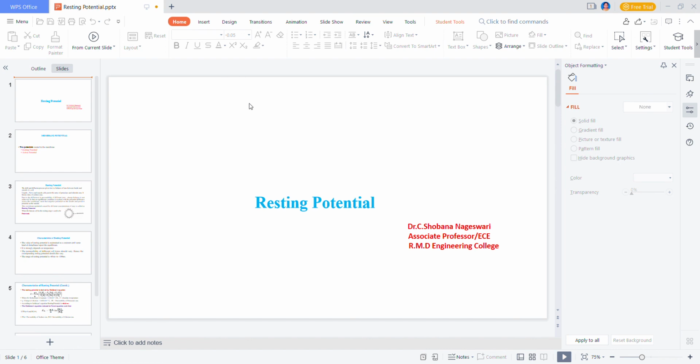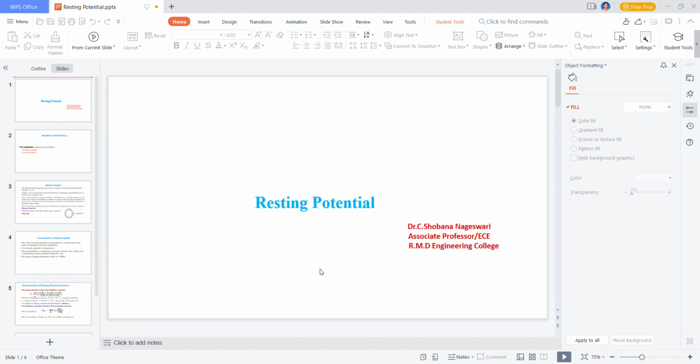So we consider only Pk, and the remaining two terms are cancelled. We have only this term, and Pk we can cancel. So the equation is minus kT by Q ln Ko by Ki, the concentration of potassium outside divided by the concentration of potassium inside. This is the equation given for the resting potential.